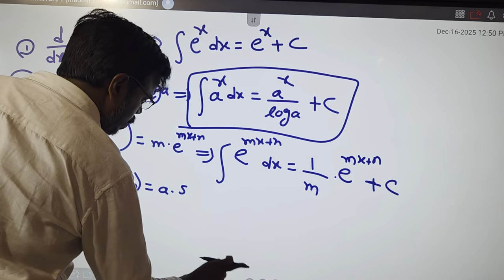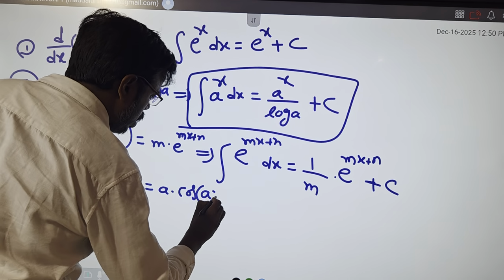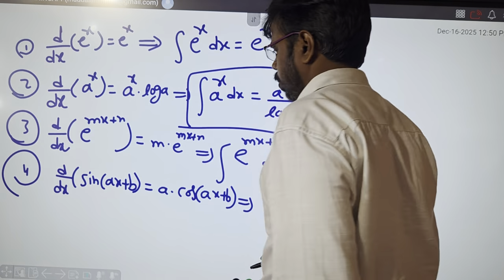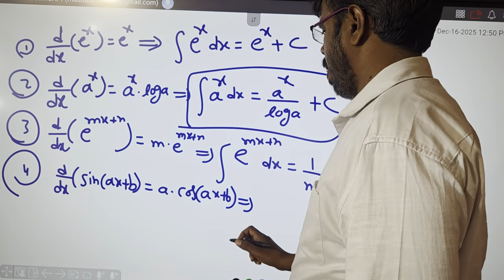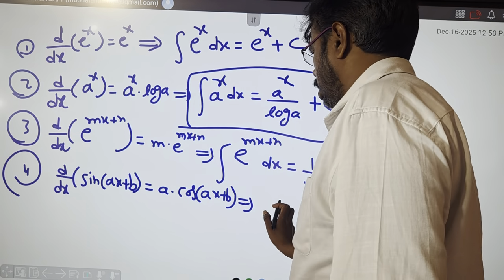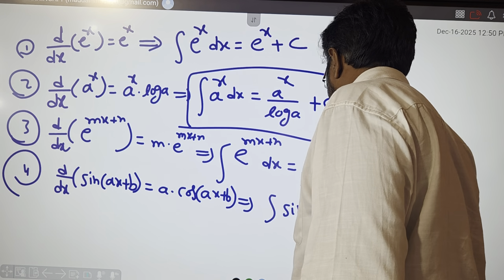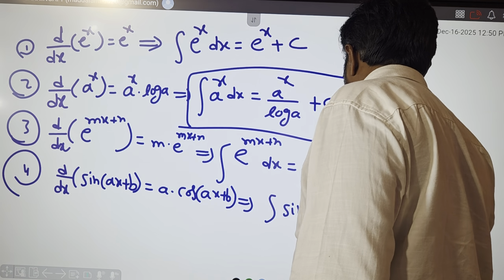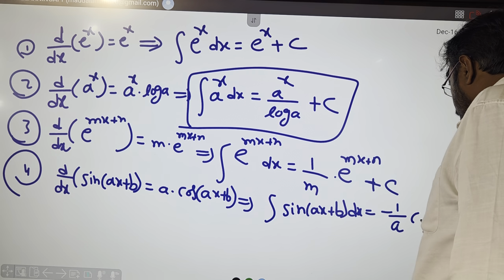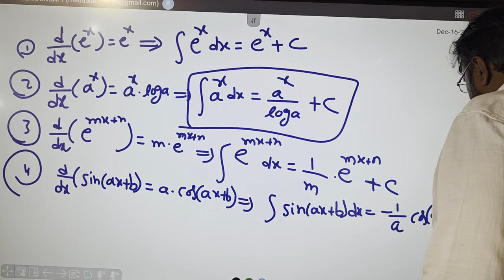The constant, the x coefficient a, comes out: a into cos of (ax+b). From this, integral sin of (ax+b) dx is equal to minus 1 by a cos of (ax+b) plus c.